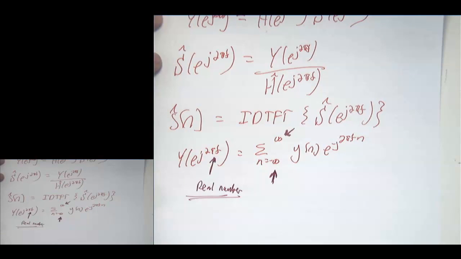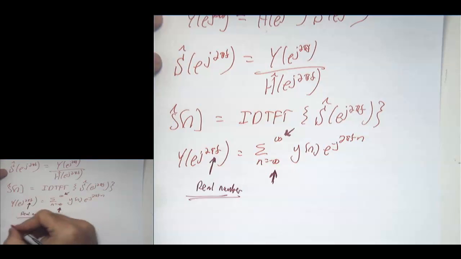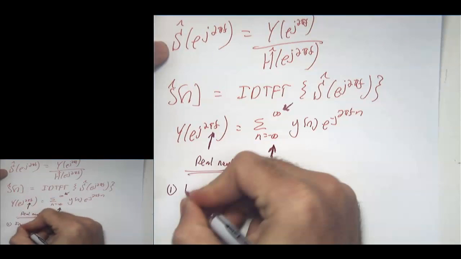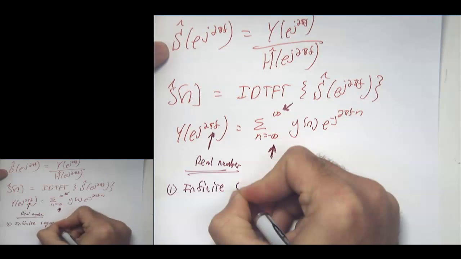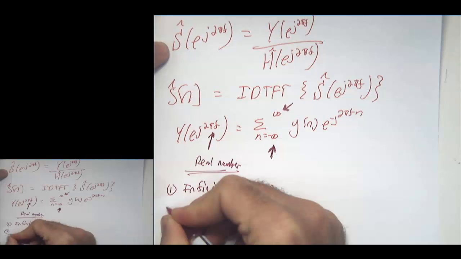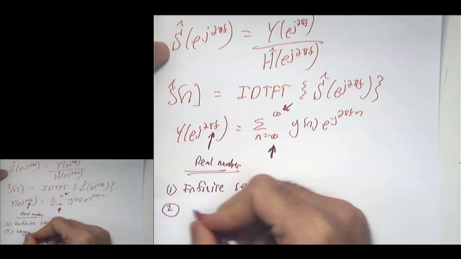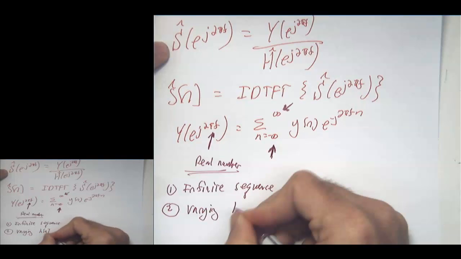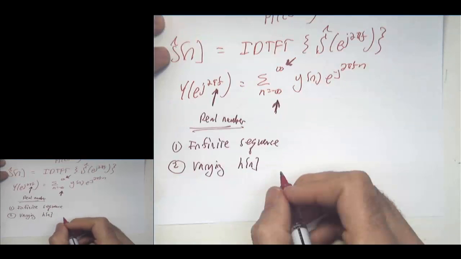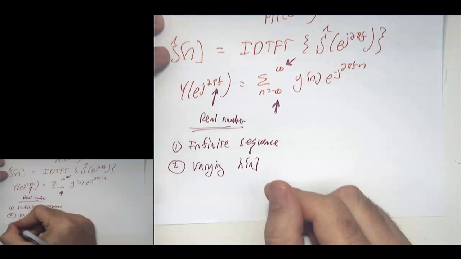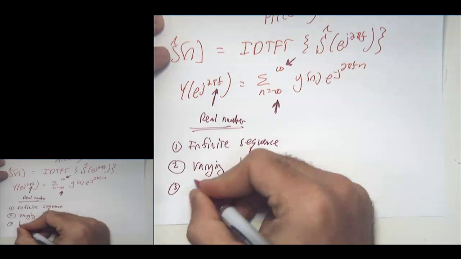So the basic issues, just to summarize here: the infinite sequence, the varying impulse response, which we're assuming is linear time invariant, but it's really only accurate in a short time period, and then the fact that the f is a real number.